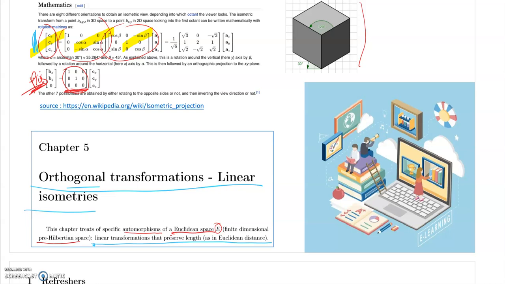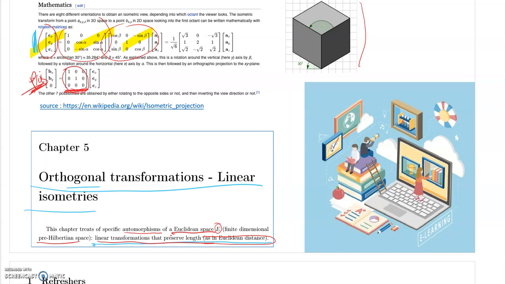It makes the spaces that are the easiest to work with because it really works with a geometry that is very intuitive, very similar to what you can experience every day in your own three-dimensional space. Those isometries are going to be linear transformations that preserve the length, with length being obtained from the Euclidean distance that you get from the fact that you've got a nice inner product.